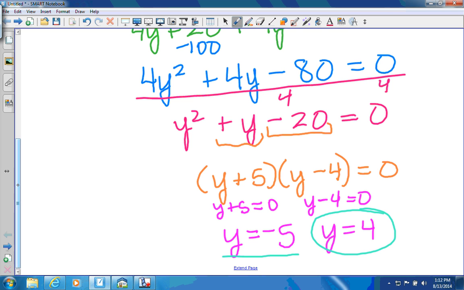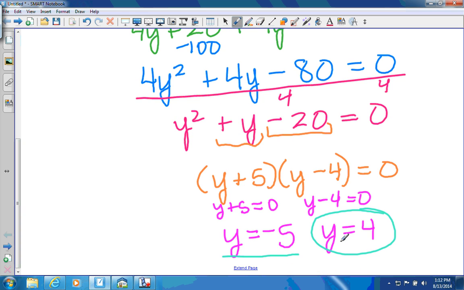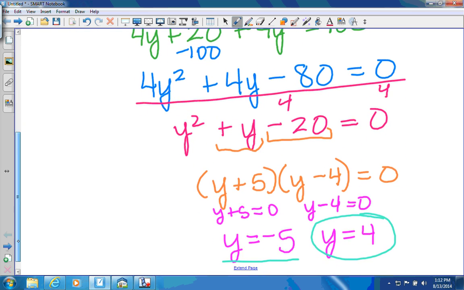Otherwise, you would have to find all the different answers, but here you don't have to find everything. So y equals 4. Now we go back to one of the two equations. You can use this equation right here, or one of the two originals, and substitute y into it.